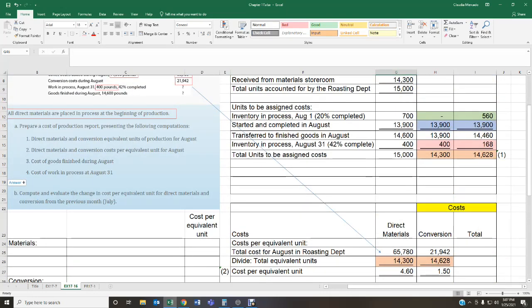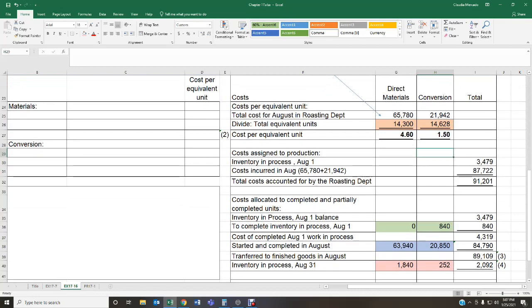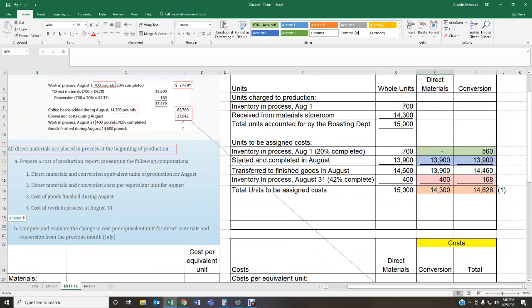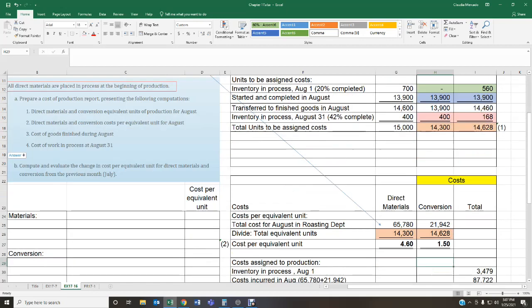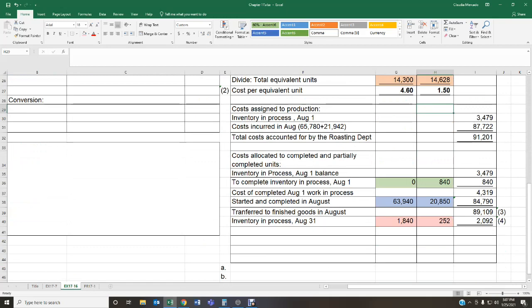So on the top part, we calculated the units to be assigned costs for our beginning inventory, for what we started and completed, and for our ending inventory. And then we calculated our cost per equivalent unit. These two numbers are super important because this is where we're going to be multiplying to figure out our cost allocation down here. Down here, what we do is we get the quantity from the top, the quantities, times the cost per equivalent unit to get these figures down here. Okay, so that is that.